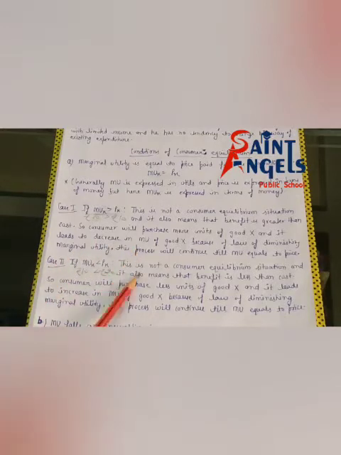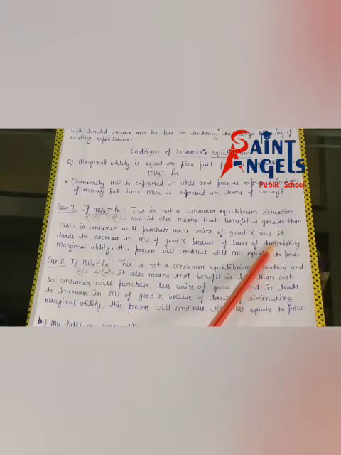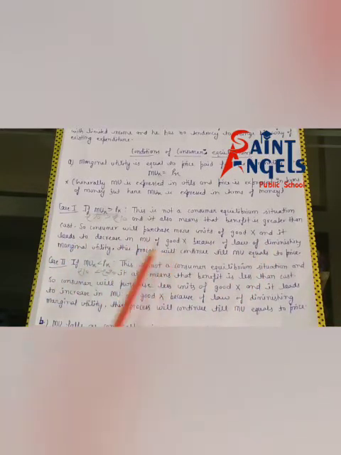This is the opposite case of that. So the consumer will purchase less units of good X, and it leads to increase in MU of good X. This process will continue till MU equals price.